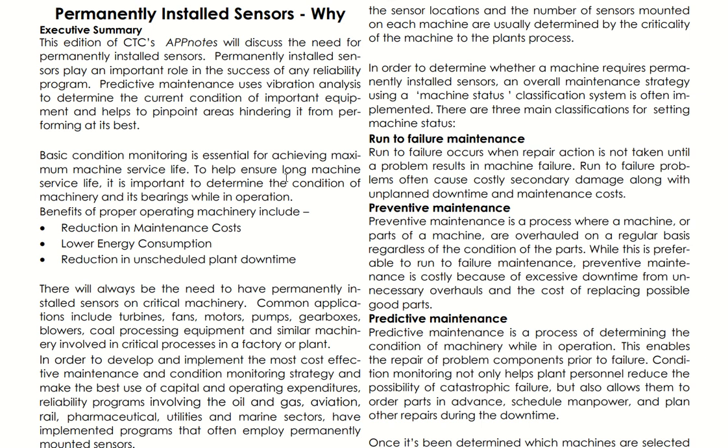And if you are having a small machinery or small instrument, it is easier. But when you are running a power plant, it gets difficult, right? So run to failure maintenance, you have to check, right? When repair action is not taken until a problem results in a machine failure.